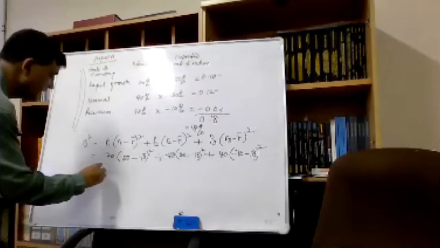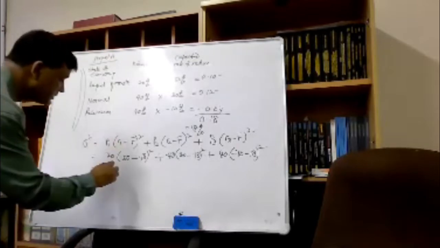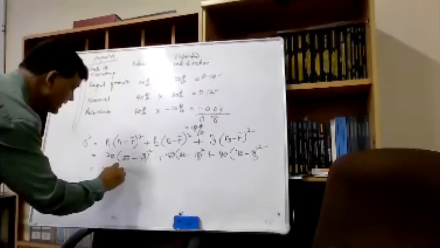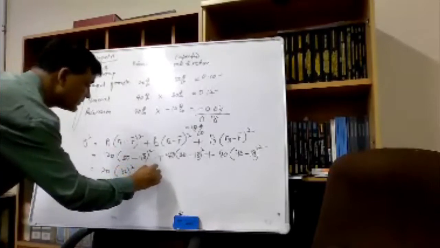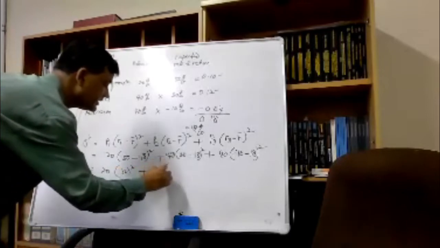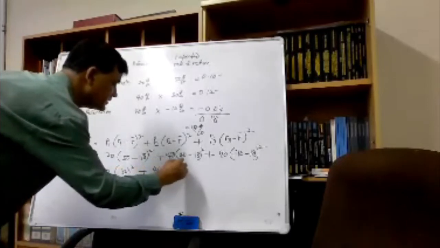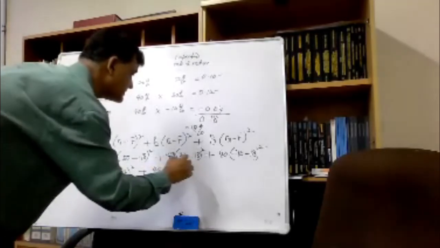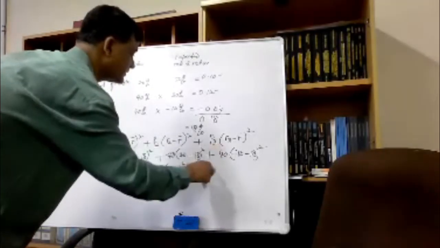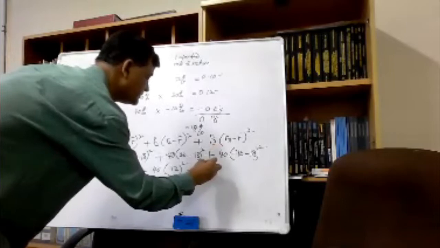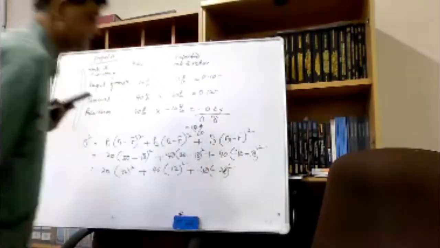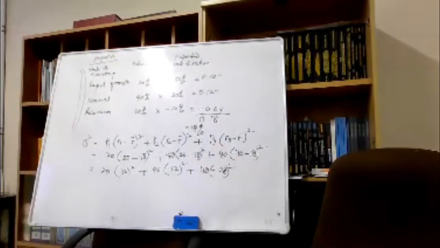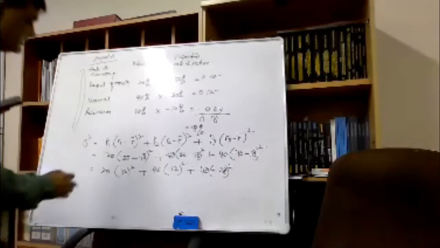So if we calculate, we are going to get how much? Here it is going to be 0.32 squared, plus 0.40 times 0.12 squared, plus 0.40 times minus 0.28 squared. Are you following me? Yes, sir. Okay, thank you.